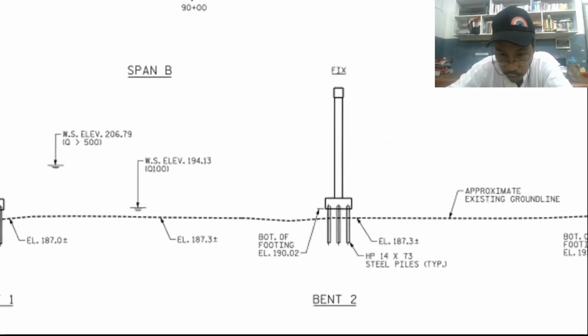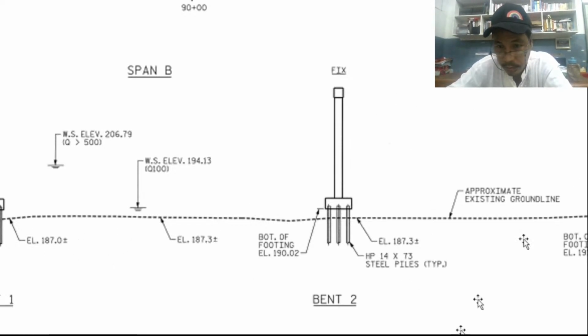Also, the height is about 14. It is not exactly 14, but it is about 14 by 14. The height of the web is about 14, and the width of the flange is about 14. That is what I meant by the dimension.